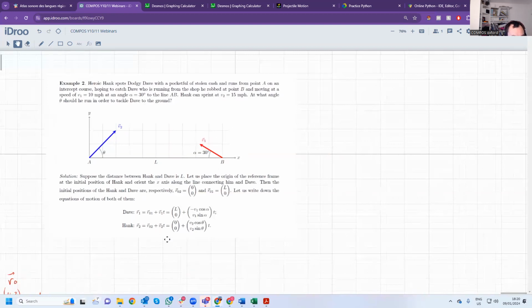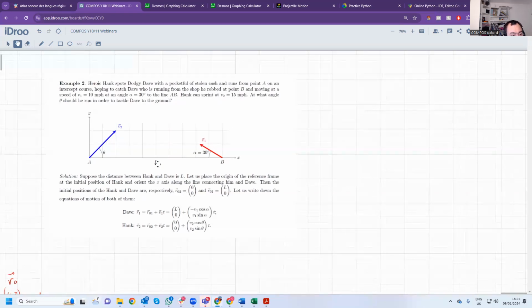Dave is the red one and Hank is the blue one. Then we have the equation of motion, and we have the angle theta. We don't know the angle. And this one is 30 degrees.